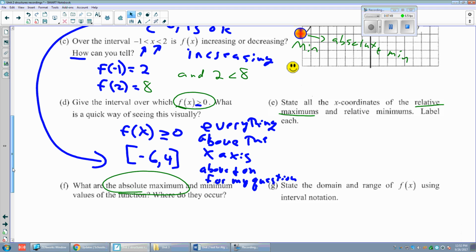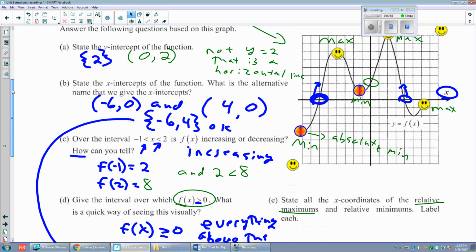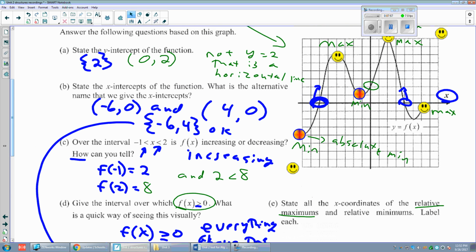State the domain and the range using interval notation. Domain, what can go in? Well, here's the important thing. Domain, what goes in? -1, -2, -3, -4, -5, -6, -7, -8. That's -8 on the x-axis. That's +6 on the x-axis.